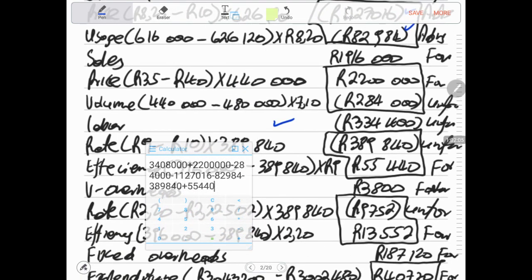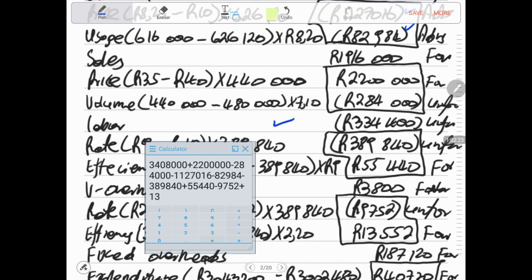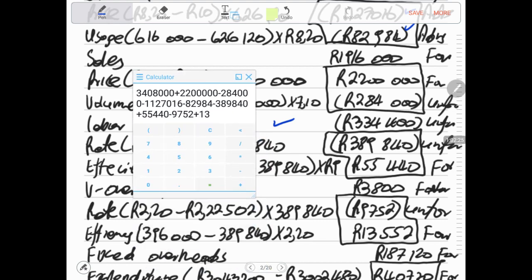Then we deduct the next one, which is 9,752, and 9,752 is minus, was unfavorable, and we plus the 13,552.